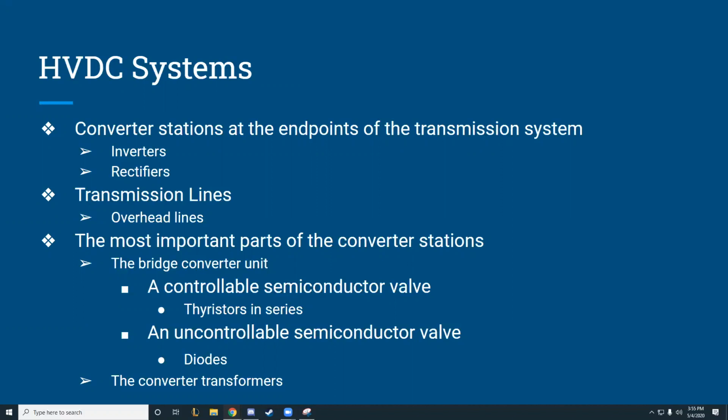And we use overhead transmission lines. The most important parts of the converter station are the bridge converter unit and the converter transformer. The bridge converter unit is built by a controllable semiconductor bridge of thyristors in series and an uncontrollable semiconductor bridge built of diodes.